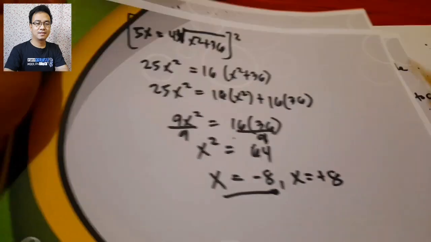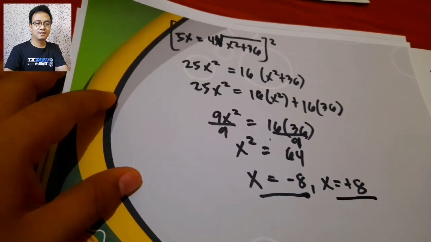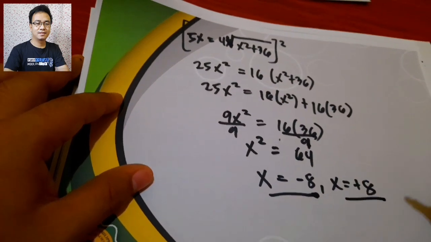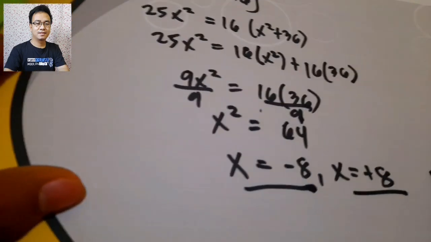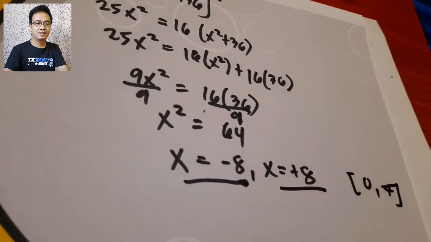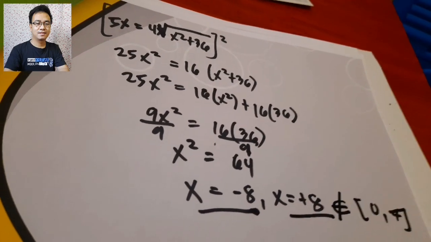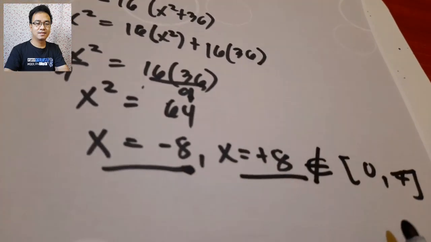And this value, positive 8, is not within the interval 0, 7. If you notice, this positive 8 is not actually within the interval 0 and 7.